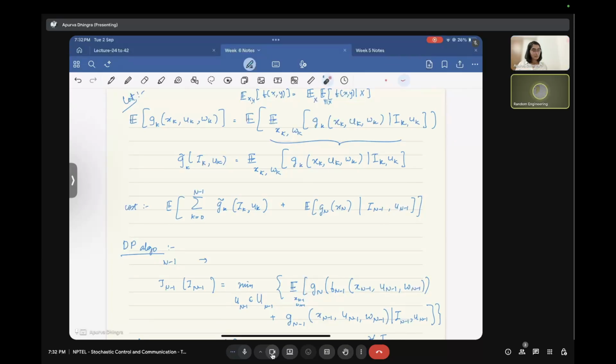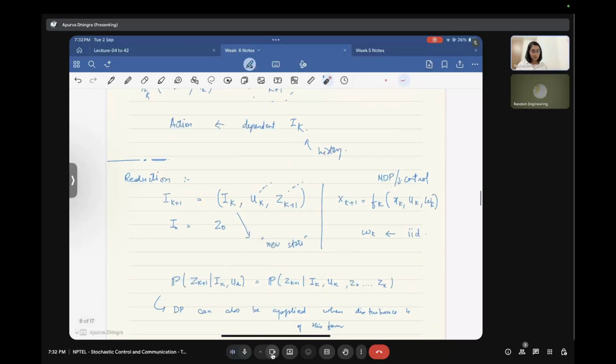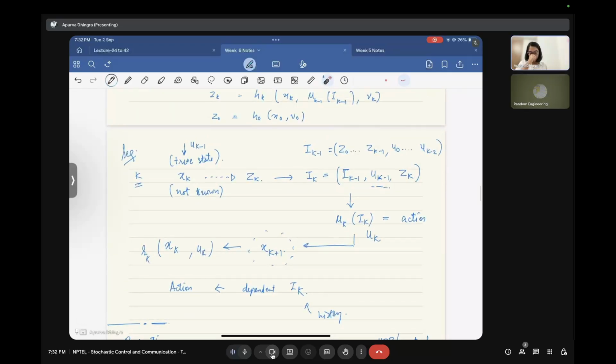Correct, but information is there, right? At that stage, if you recall in our sequence, the observation is done after we get the state. If we have already reached the terminal state, it doesn't make sense to have an observation because we're not taking any action anyways. So it actually stops here. There is no zk, there is no extra randomness involved anyways. So that term is just whatever the terminal cost is.